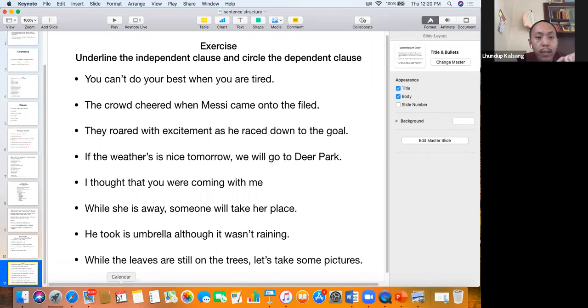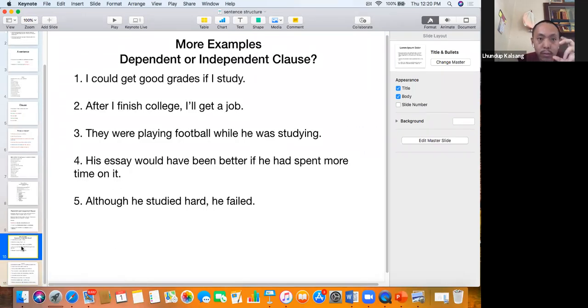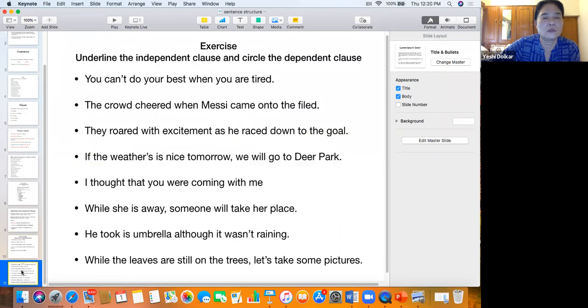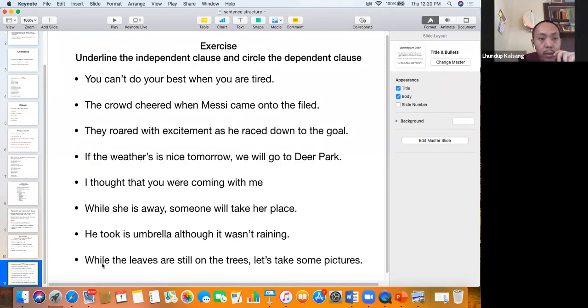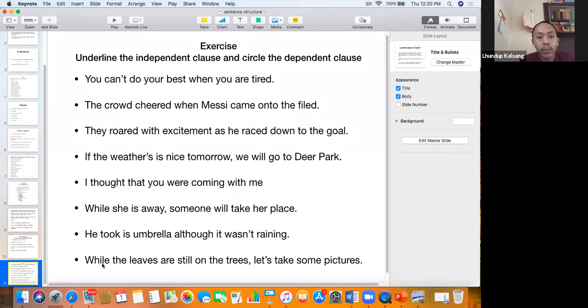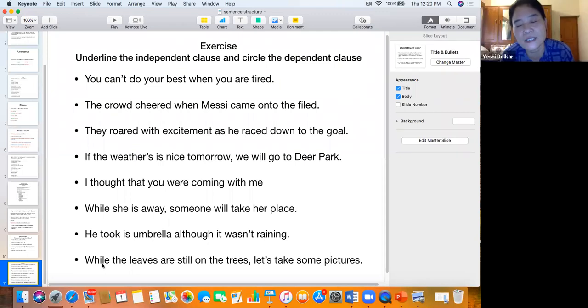Last one. Let's take some pictures. Which one is the subject? This is a complete sentence, actually. Let us take some pictures.